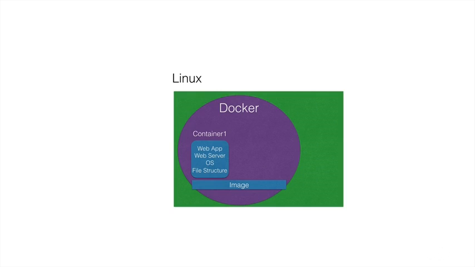It gives you the file structure necessary for operating inside the container. You also have networking available to you as well. And you don't have to create just one container. Several can be created off of this one image. Then you can have other images that you can create more containers from those inside of your Docker installation.